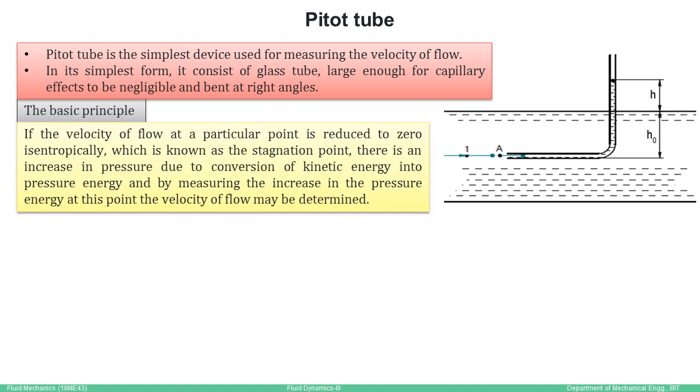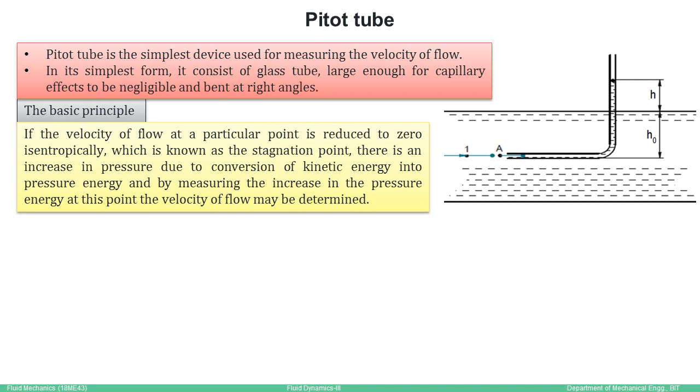The basic principle is, if you want to find the velocity at point 1, looking at the sketch, the velocity at point 1 is reduced to 0 at point A, which is called the stagnation point.